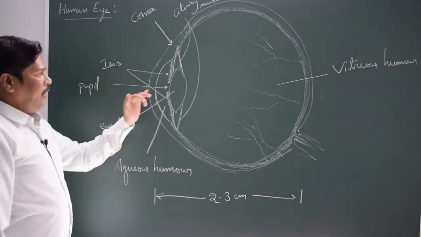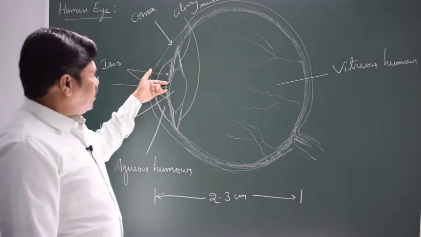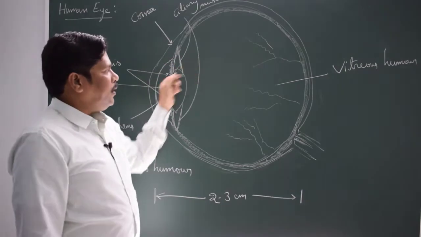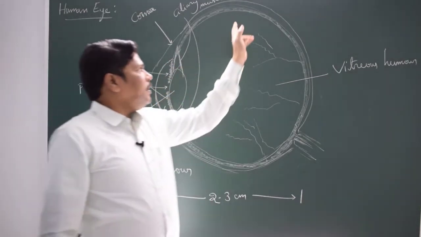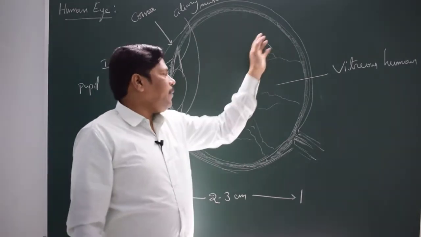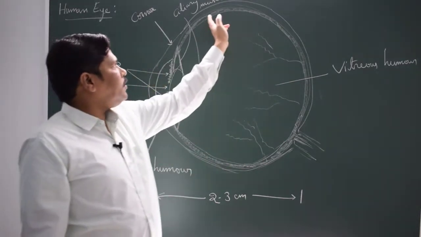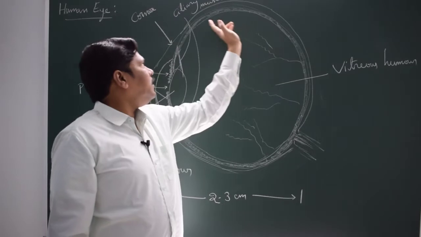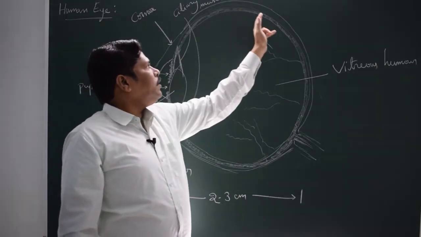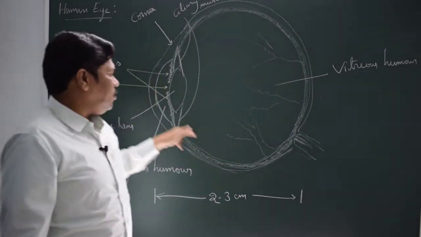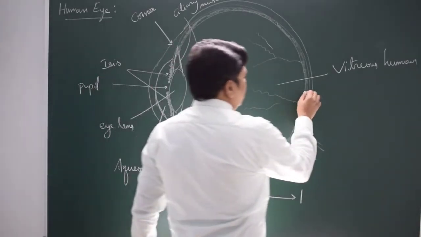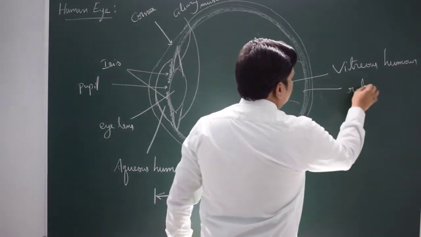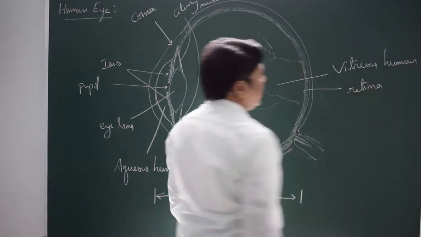Then, when the light enters through the pupil, the eye lens converges the light somewhere inside the eye behind the lens. This is the part on which the light will be converged, like a screen. This screen is called retina, on which the image is obtained.